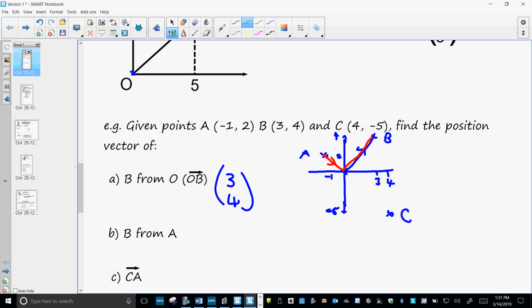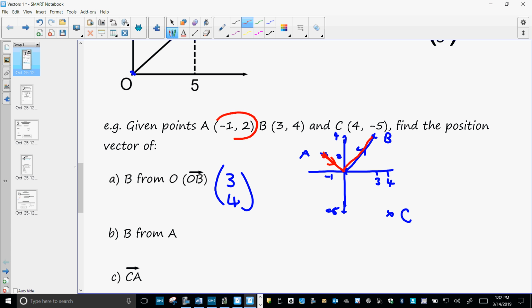Now if we've started at A and gone back to the center, what would my vectors be? Be careful. If we're starting at A and getting to 0, we're actually going +1 and -2. Do you see that?